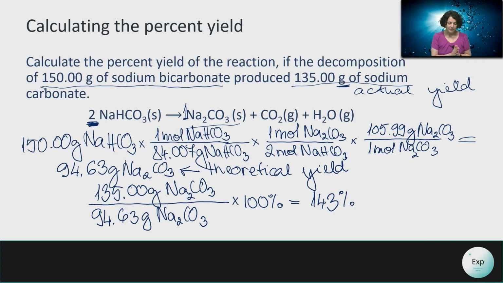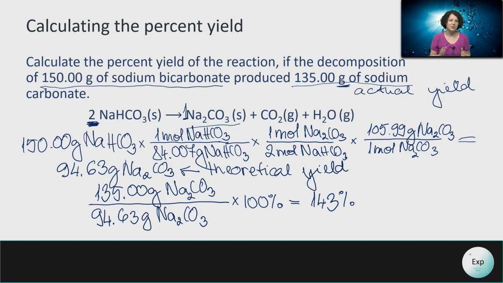Because if the maximum amount of sodium carbonate that can be produced by the completion of this reaction is 94.63 grams, then 135 grams of sodium carbonate isn't possible. We cannot, through magic, conjure up material in the lab. So how is it still possible that someone could get 135 grams of sodium carbonate?